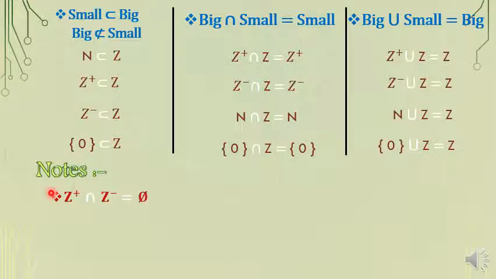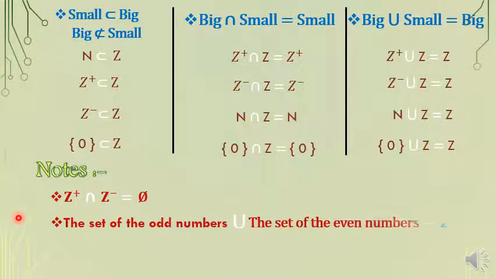Notes. Z positive intersect Z negative equals phi. We don't have any common elements between Z positive and Z negative, so the answer is phi.